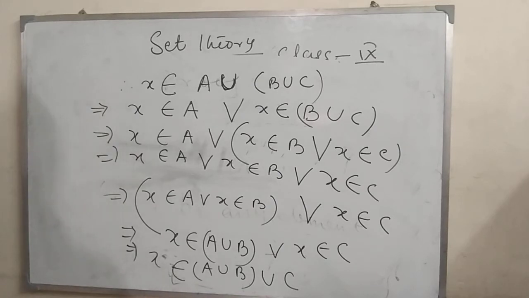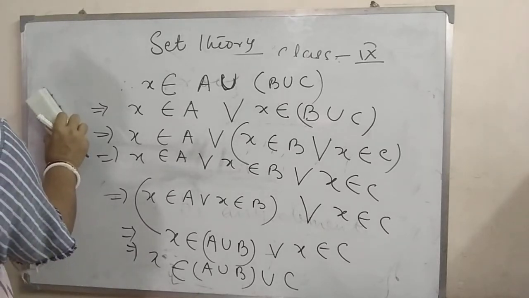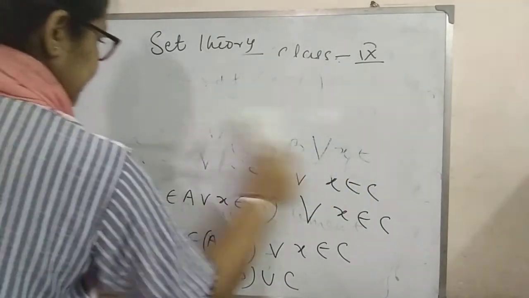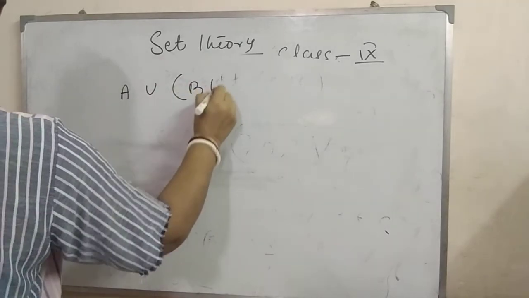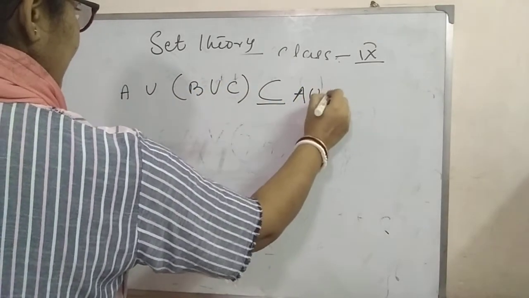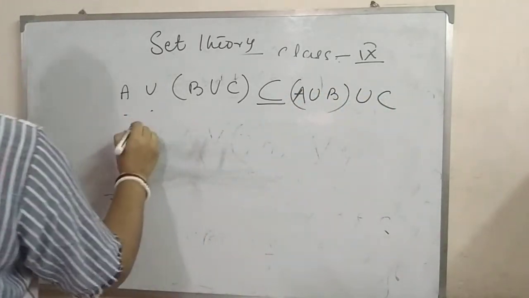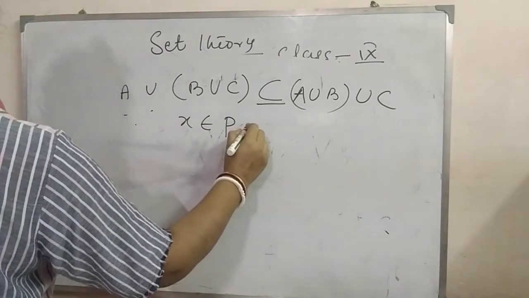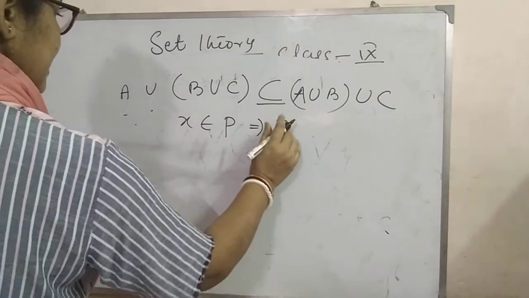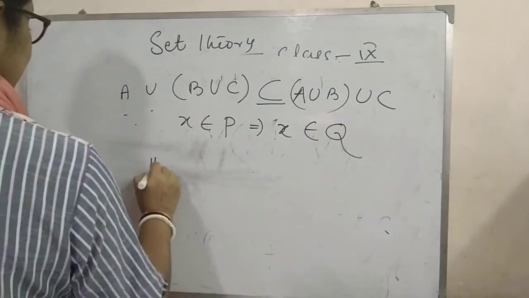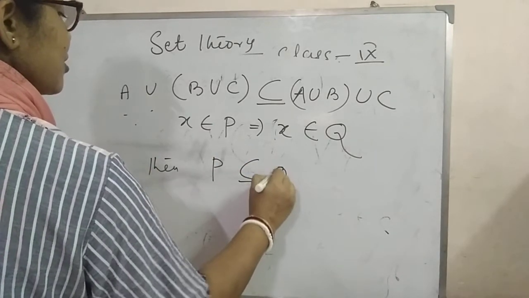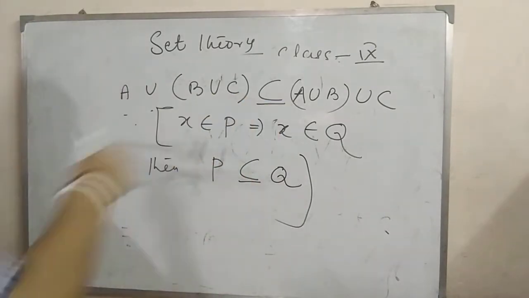That means I can write A union (B union C) is a subset of (A union B) union C. If x belongs to P implies x belongs to Q, then P is a subset of Q. I know it, so I can write it.